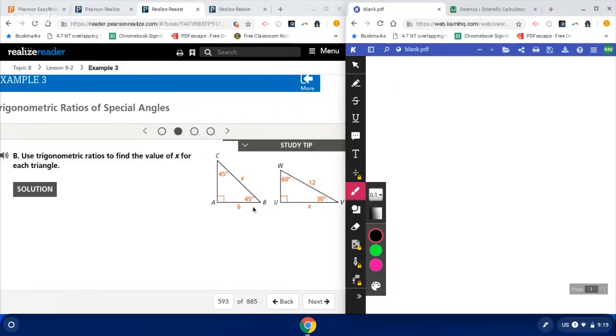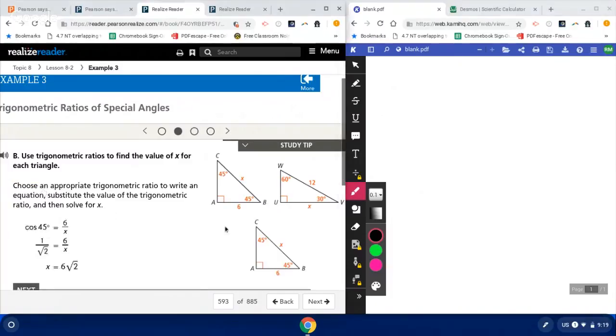Or actually we can use the rules that we already know, that this is 6. Then this other side here has to be 6 square root of 2. Okay, so we'll just draw that real quick.